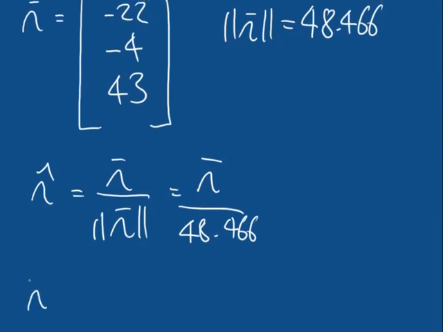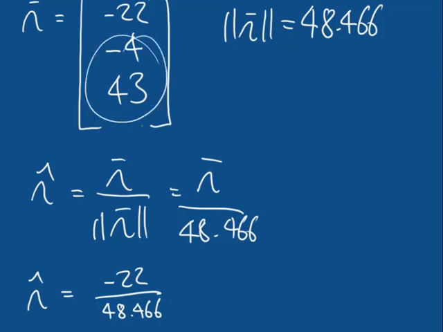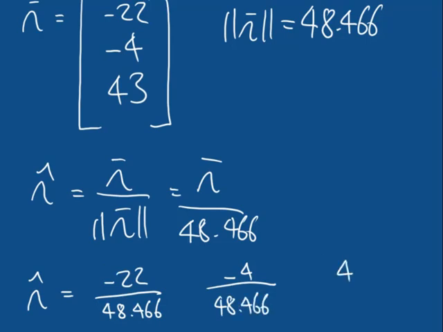So our unit vector n is going to be minus 22 divided by 48.466 in x. I will write this as a row vector just so I can refer to these results without scrolling. Then minus 4 divided by 48.466 in y, and 43 divided by 48.466 in z.